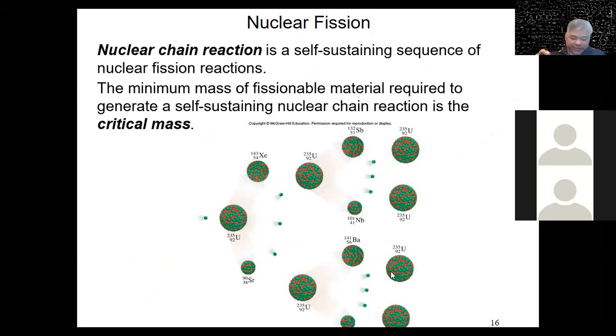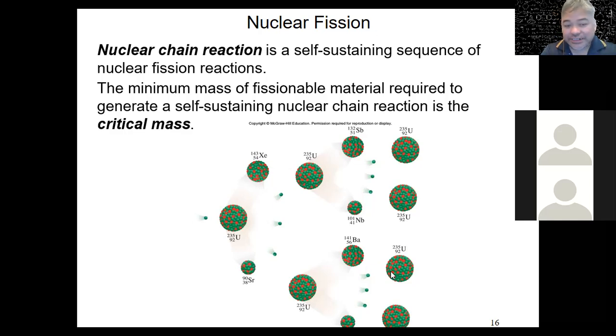If you have a subcritical chain reaction, on the average there's less than 1 neutron produced per uranium-235 that is consumed, and the fission will eventually stop. If you have a critical chain reaction, there is an average of exactly 1 neutron produced per uranium-235 consumed, and this fission can then be self-sustaining at the same level.